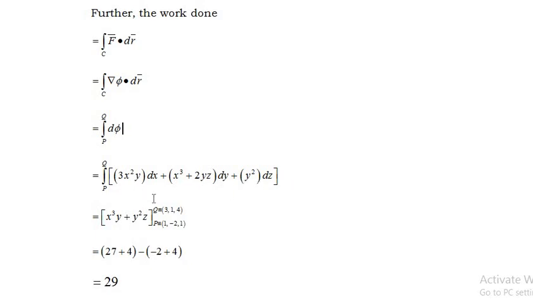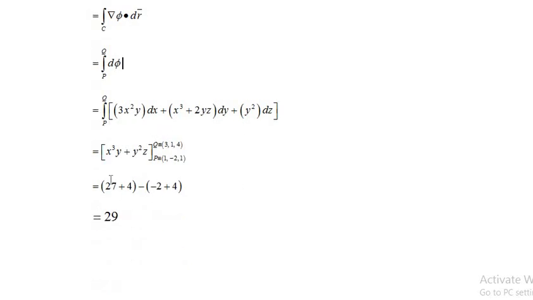Let us integrate, this expression being exact in three variables x, y and z. So the integration will be integration of the first bracket with respect to x keeping y, z as constants, and that will be 3x³/3 times y, that is x³y, plus integration of terms in the second bracket free from x, integrate with respect to y keeping z as a constant.